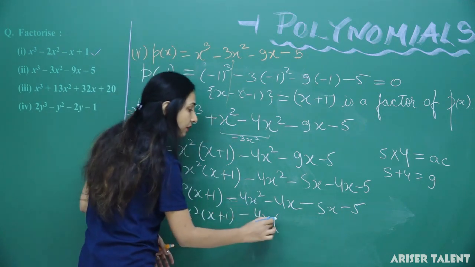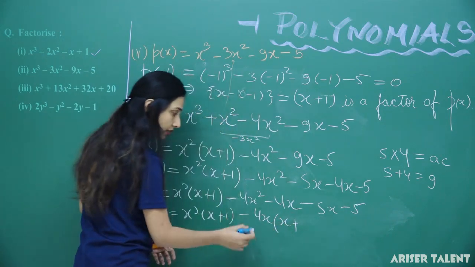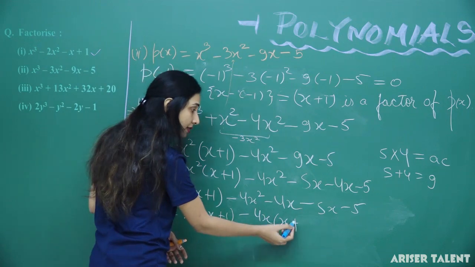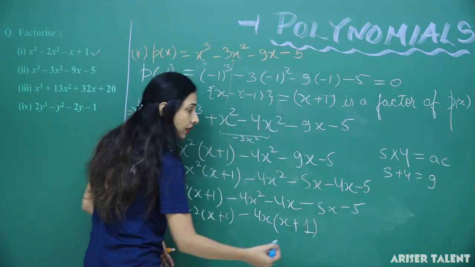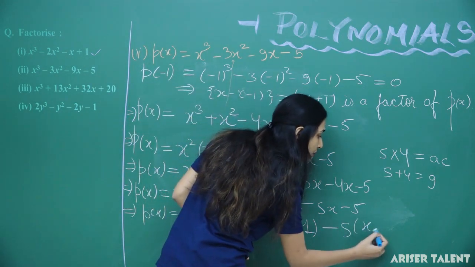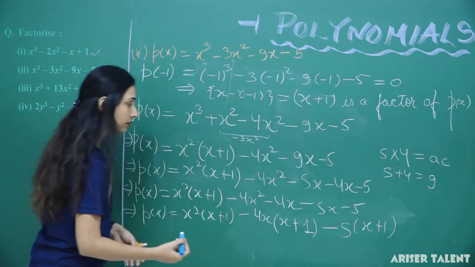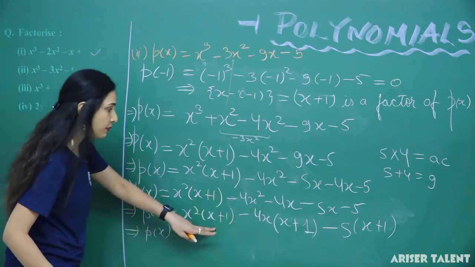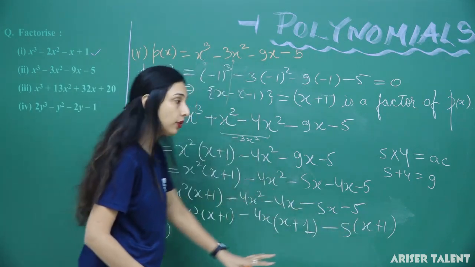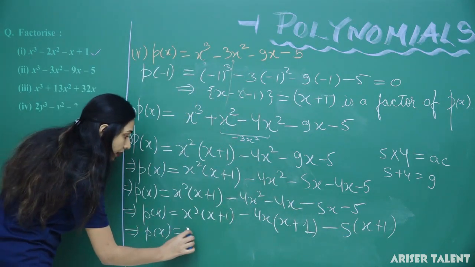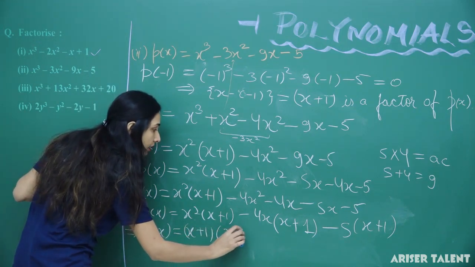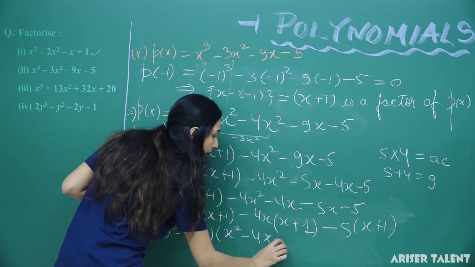So what will be remaining is x plus 1, minus 5 common, x plus 1 again. That means you are getting something common here, x plus 1. So that will be x plus 1 common, remaining with x square minus 4x minus 5, right.